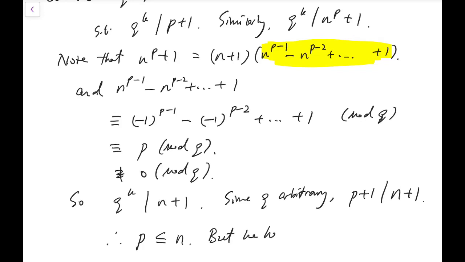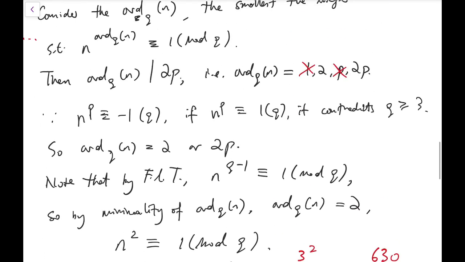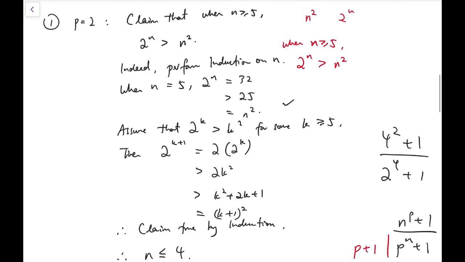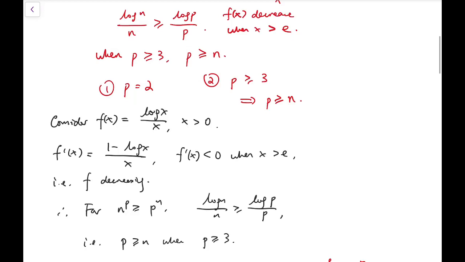But we also have n to be less than or equal to p. That is from our very first inequality all the way up before we even started the formal proof.